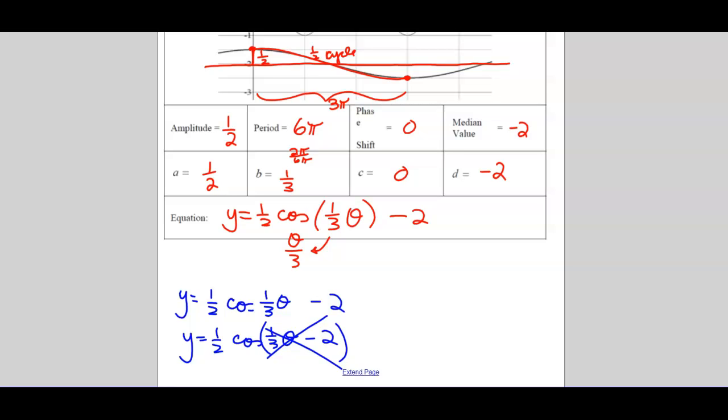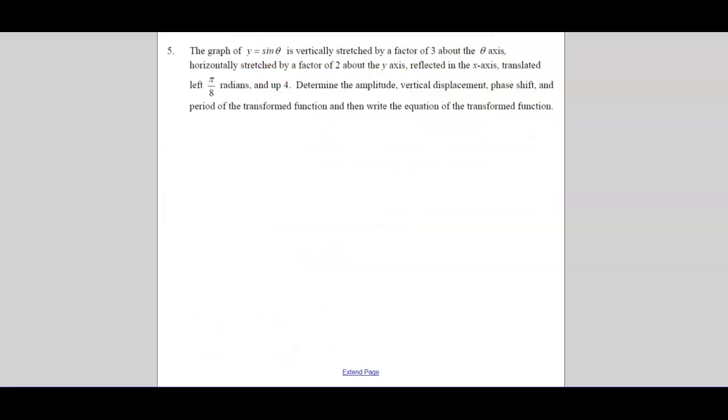It's not in our curriculum. The thing where you write y whatever, and then have cos 1/3 and then the brackets, that's stylistic. Okay, question 5.